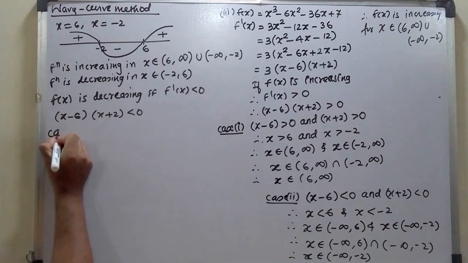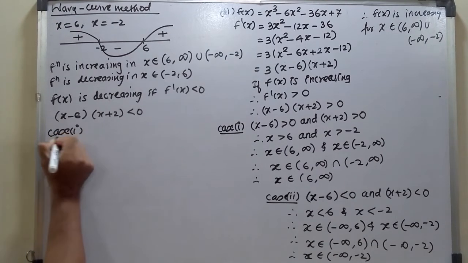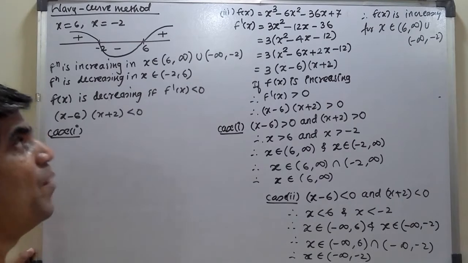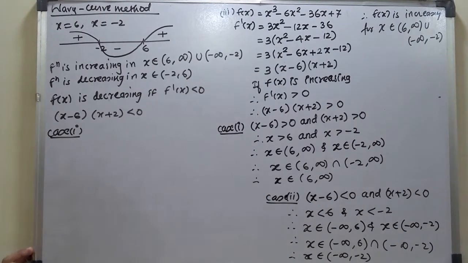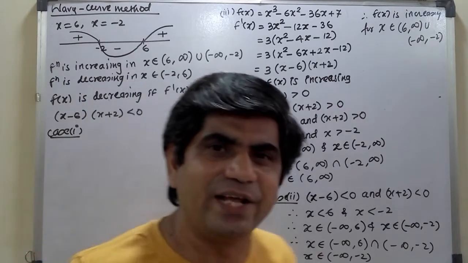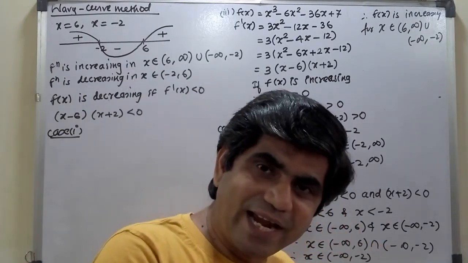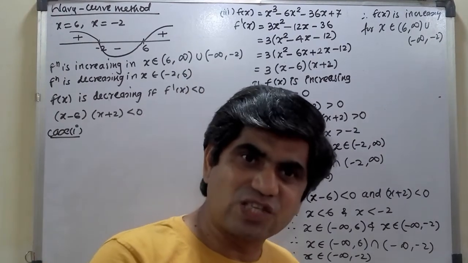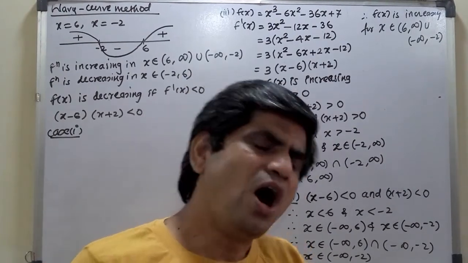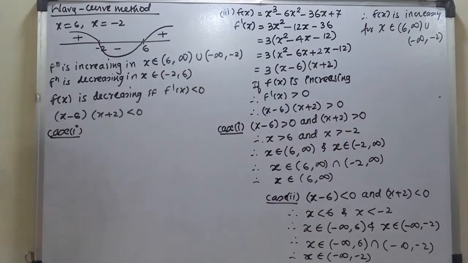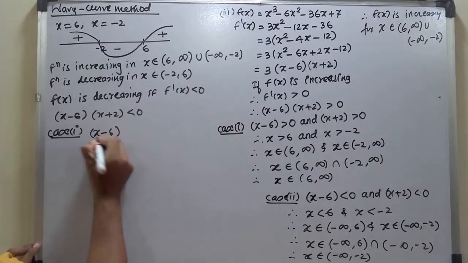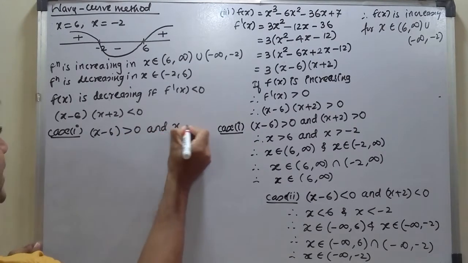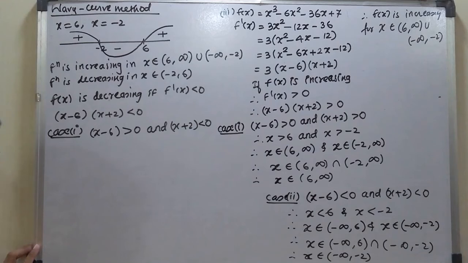So case 1, like the first one. When do I get a multiplication negative? I will get negative if the first one is negative and the second one is positive, or the first one is positive and the second is negative. That means x minus 6 is suppose positive, and at that time x plus 2 must be negative.